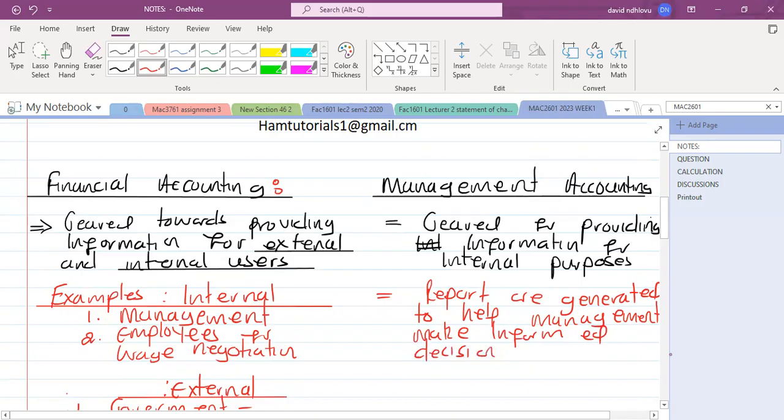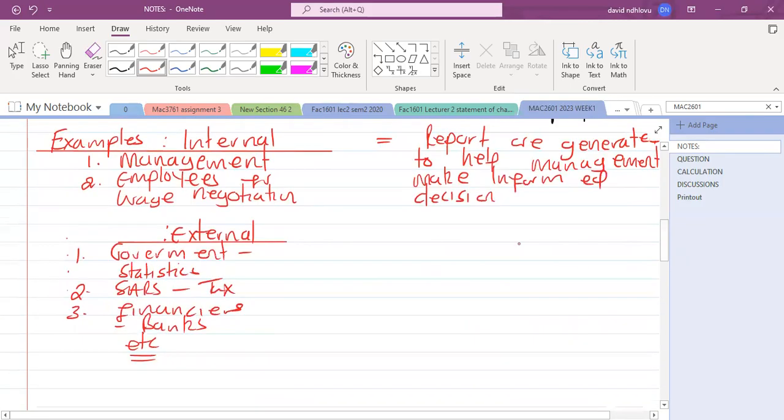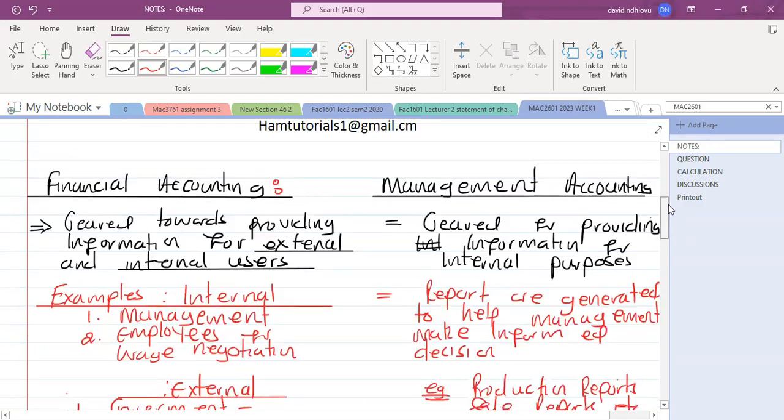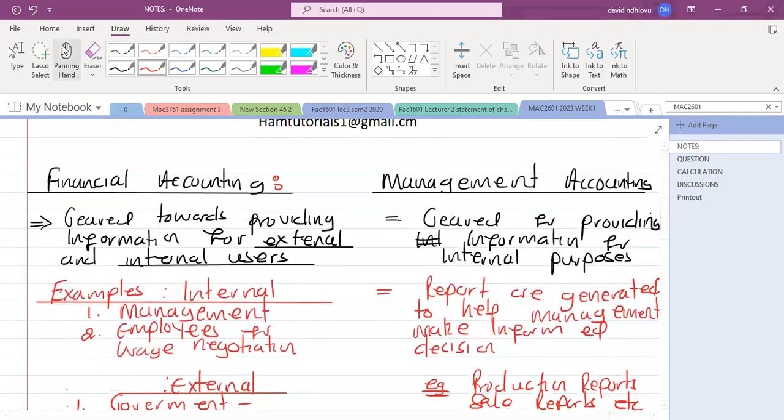These are reports generated specifically for management, for example production reports. You don't give that to people. This is for internal purposes. Sales reports, etc. These are the kind of documents that will be generated by management accounting, everything being done for internal purposes to help management have more information when they make decisions on behalf of the company.